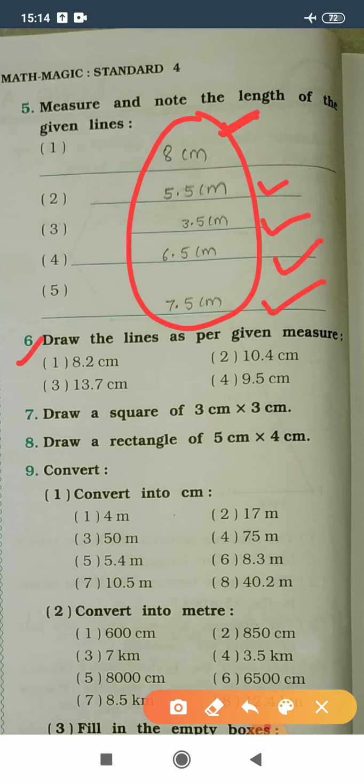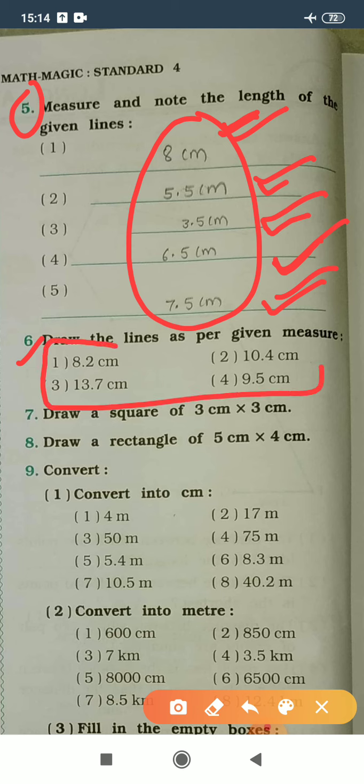Let's see question number 6. Draw the lines as per given measures. So in question number 5 we have already drawn these 5 lengths. So with the help of a scale you need to draw these lengths in your notebook.